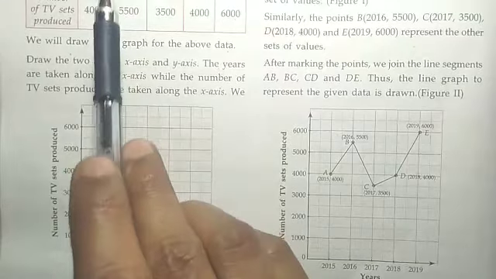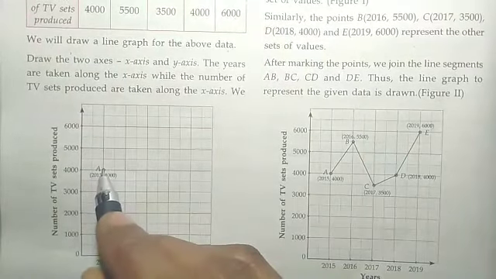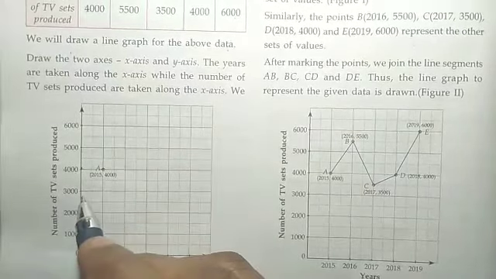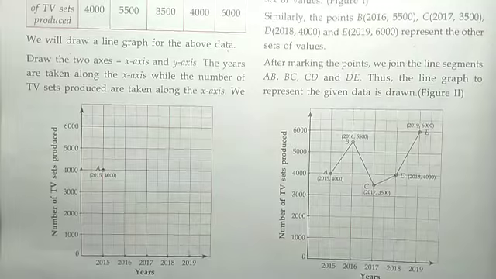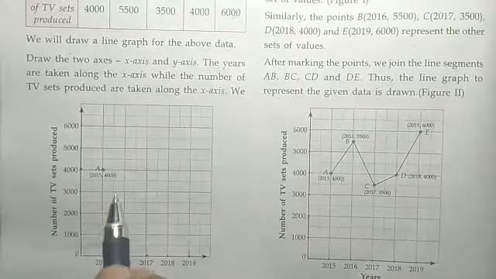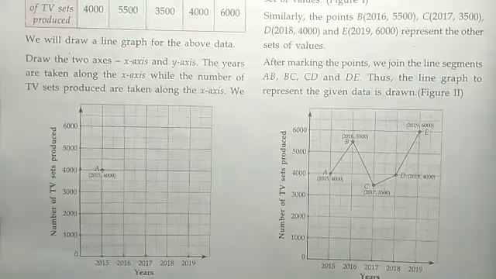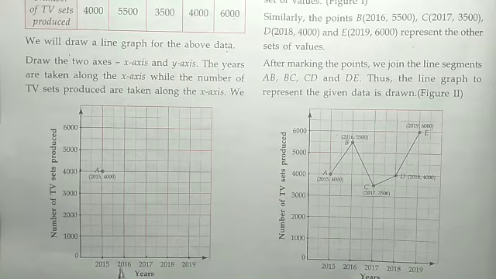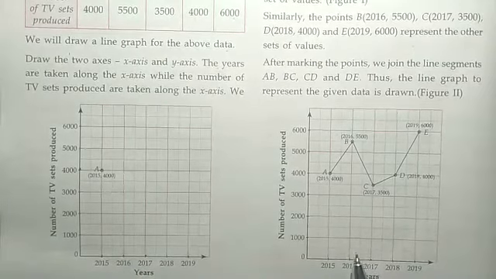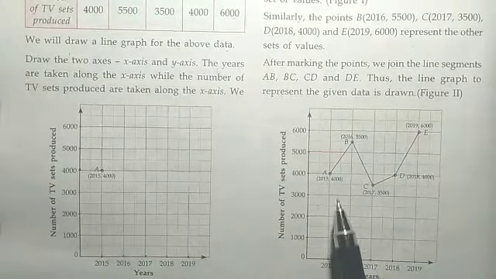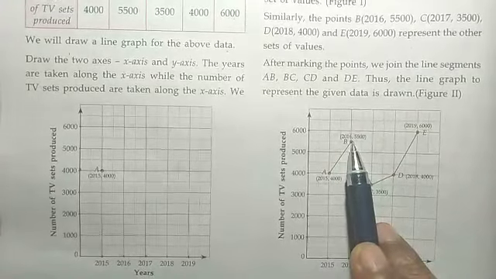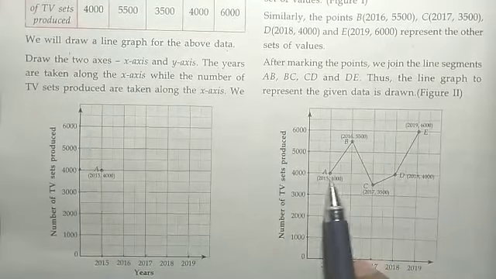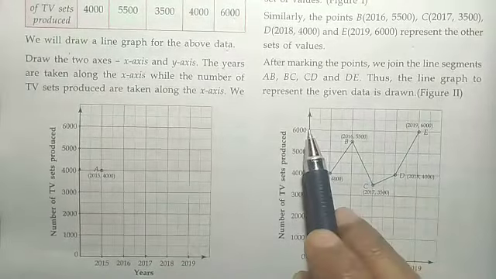Now first one, 2015, 4,000. Here is 4,000. Just cross and round it, and you have to write there 2015, 4,000 as an ordered pair. Next one is 2016, 5,500. 2017, 3,500. 2018, 4,000. 2019, 6,000.